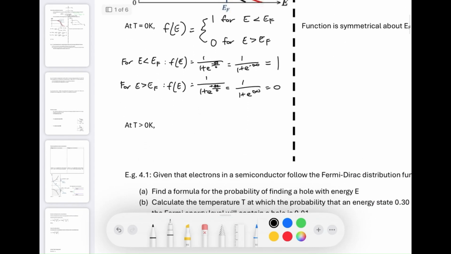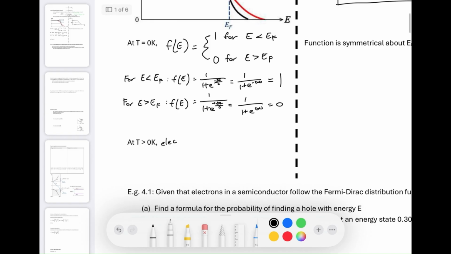But at T larger than 0 K, the electrons are able to gain thermal energy. We explained this in the previous parts, so you can look at the earlier videos to understand this. An electron gains thermal energy and can be excited to higher energy levels.